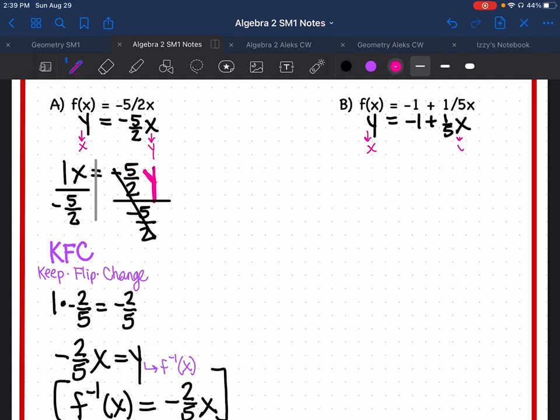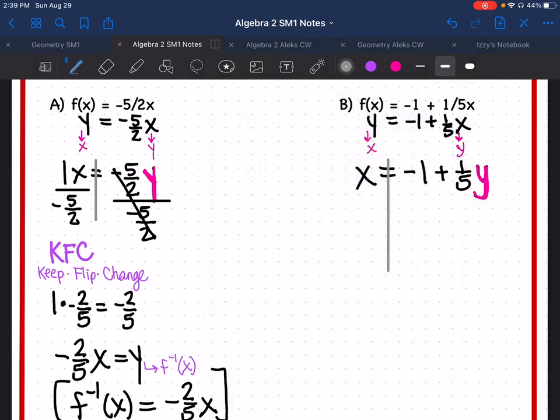All right, so I have x equals negative 1 plus 1/5 y. It's very tricky, ladies and gentlemen. You have to take your time. I want to get the letter y by itself. I want to get that variable alone.